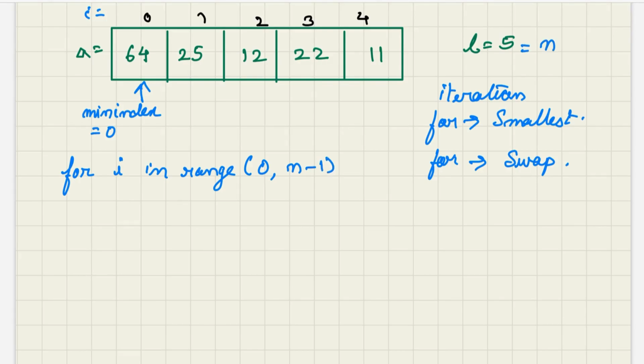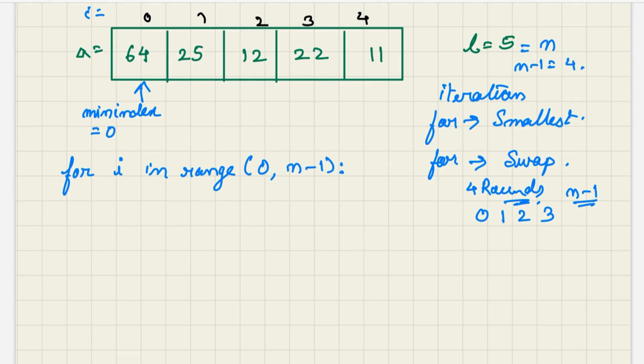If this is n, then n minus 1 is 4. I have to do it till n minus 1 because I need only 4 rounds, right? So we have 0, 1, 2 and 3 if we mention n minus 1 in the for loop.